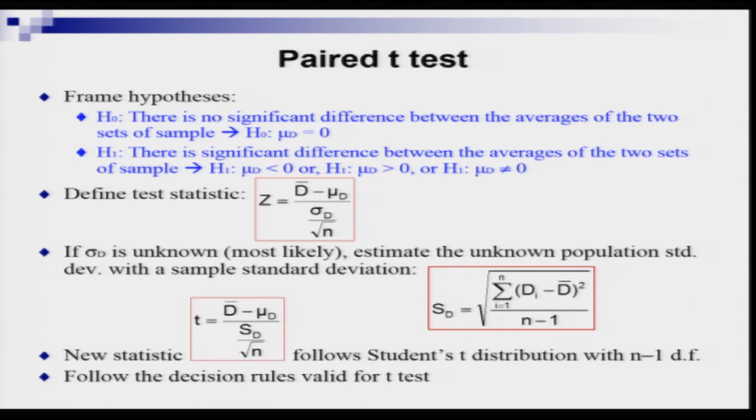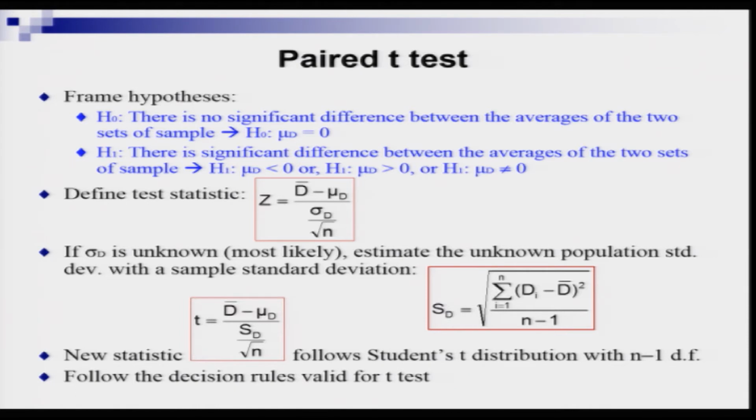So, you can actually get a proxy for sigma d, and the proxy could be defined as the sample standard deviation, which is defined as S d, and I am showing you the formula in the red box, and that is not uncommon to you. You have seen how one can compute the sample variance. So, we are using the same formula, only in the place of x's now we are writing d's.